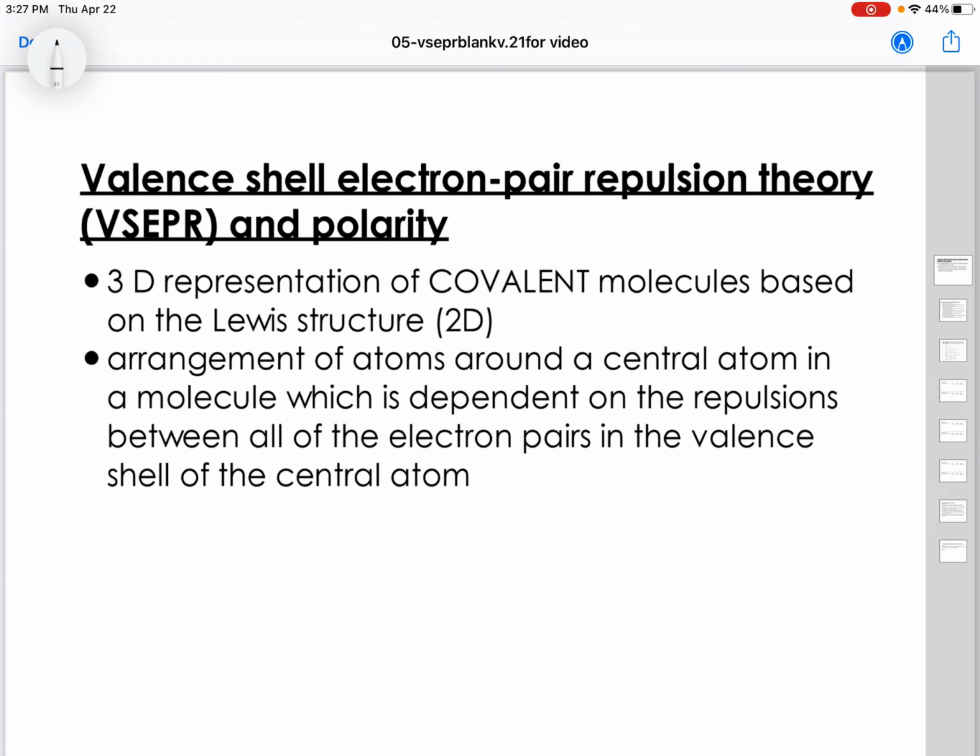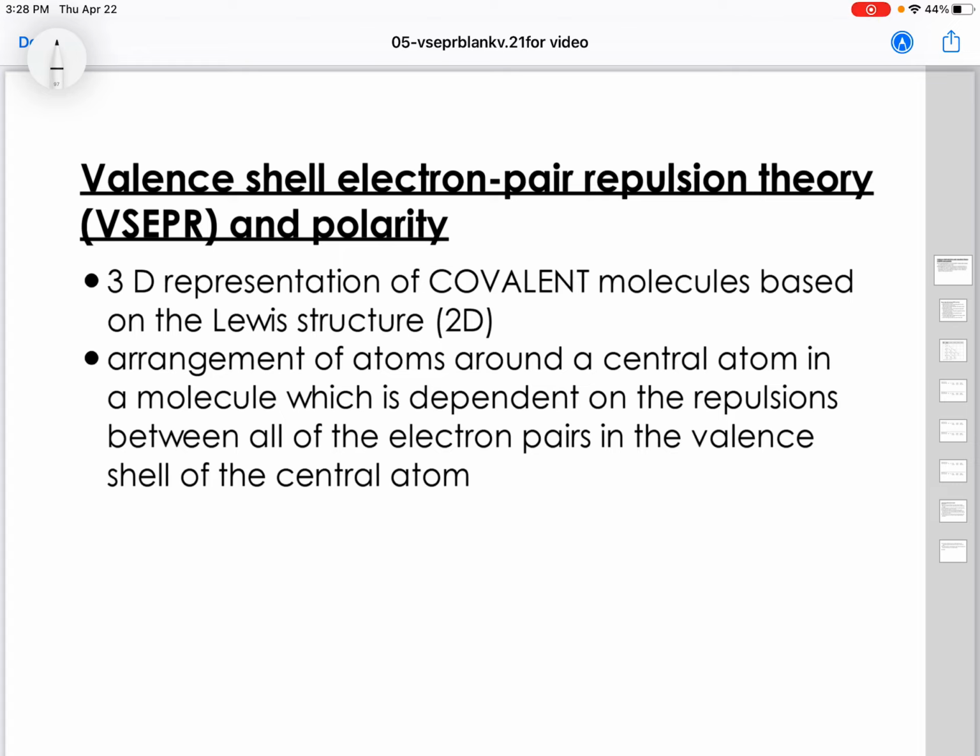So we're going to focus on ones that have one central atom, and there are more complicated covalent molecules, including things like glucose and fatty acids and all kinds of things inside our body. But it all boils down to the particular shape around a central atom.